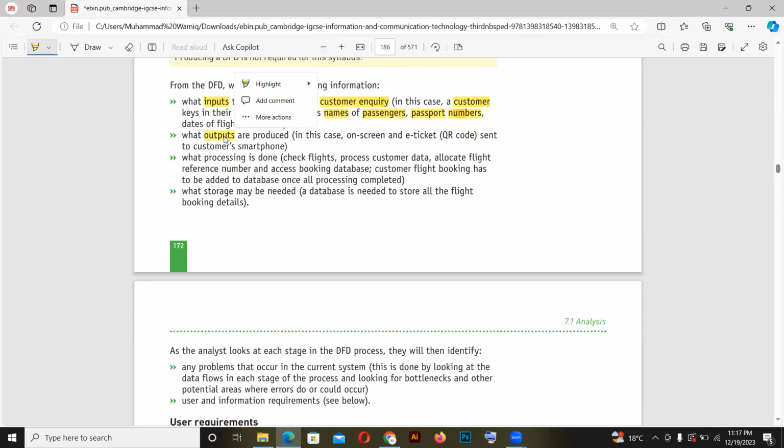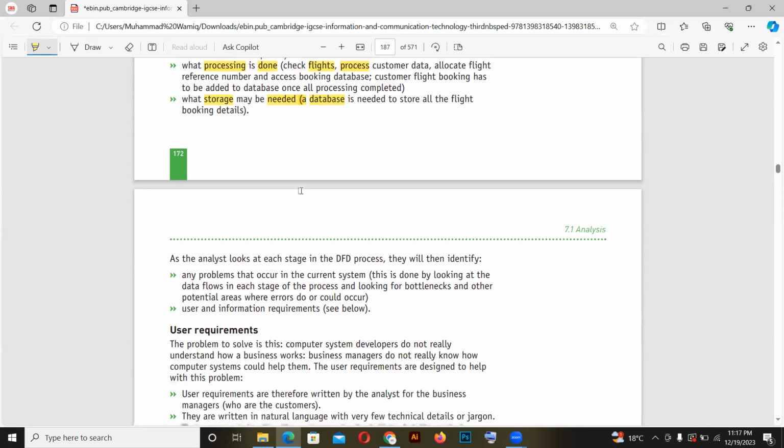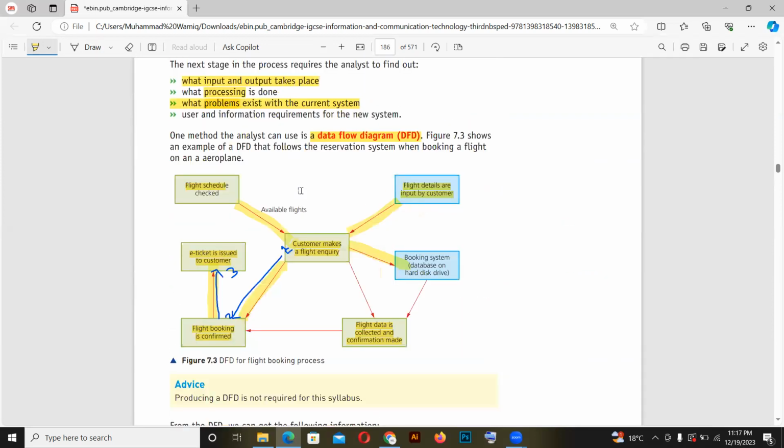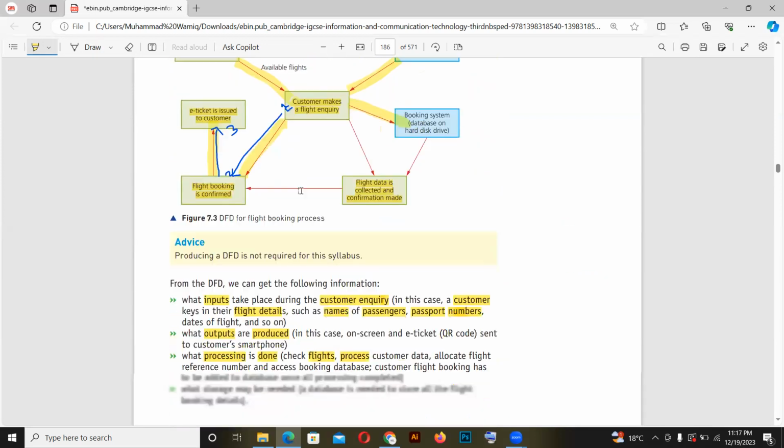You can also see what outputs are being produced. You can also check what processing has to be done, such as their flights and their processes. And the last one is that you can also check what storage may be needed. For example, you might need a database to store all of your important files. So this can be recognized by a data flow diagram, the DFD that I just explained to you right here.